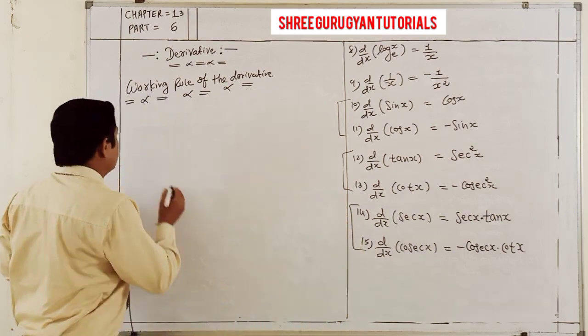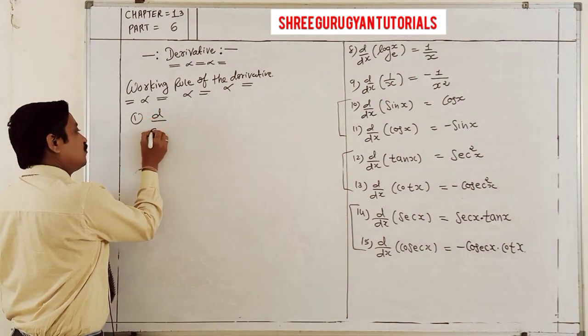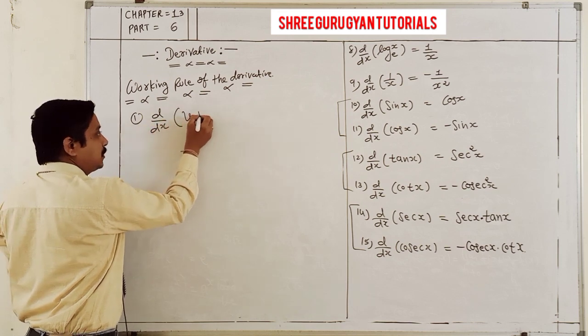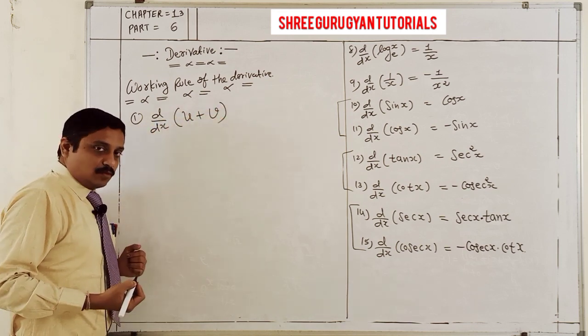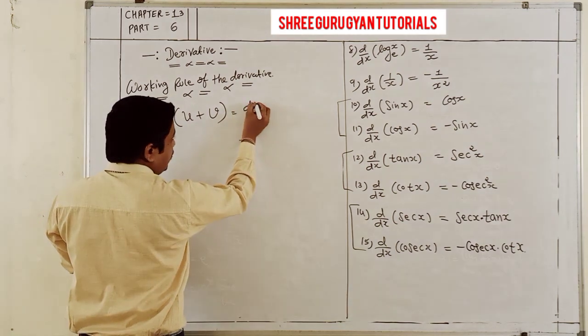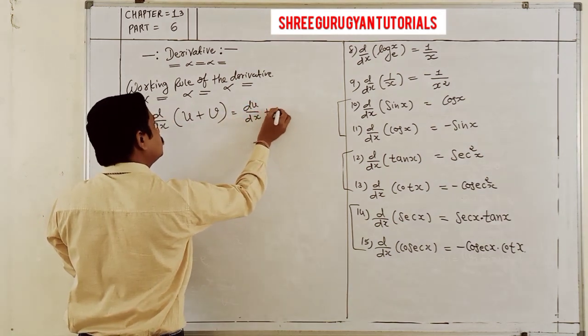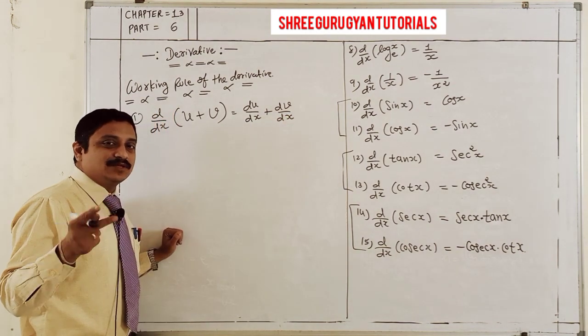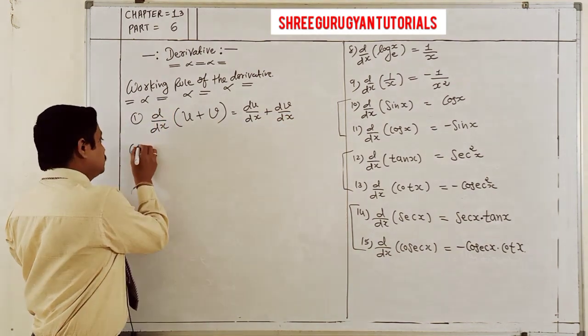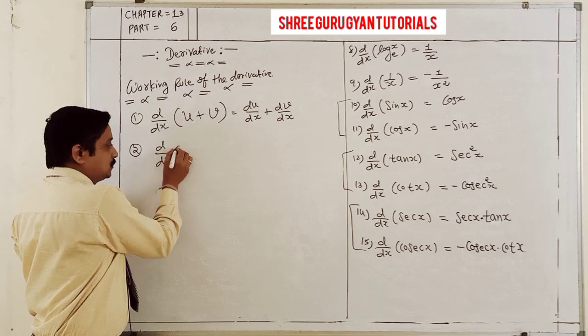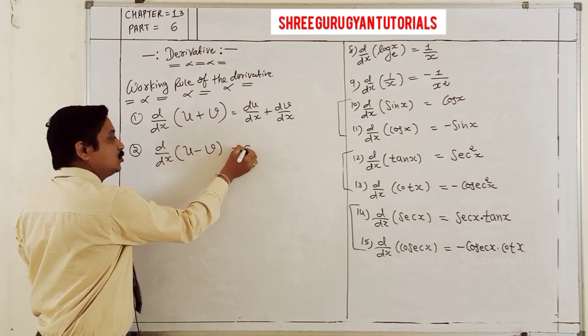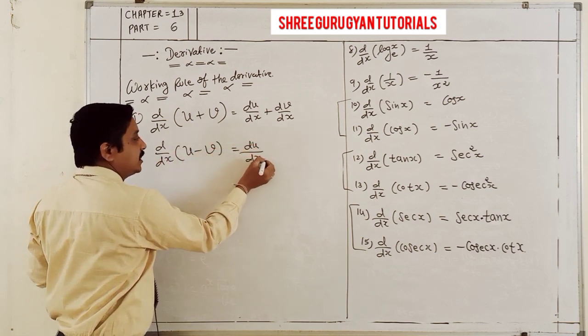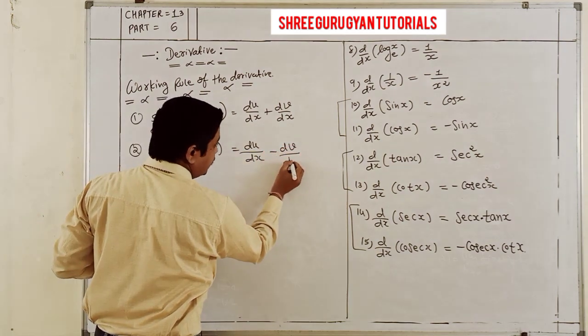First working rule is d/dx of u plus v, where both are variables. So du by dx plus dv by dx, just like addition and separation. Second, u minus v: if you subtract both, du by dx minus dv by dx.